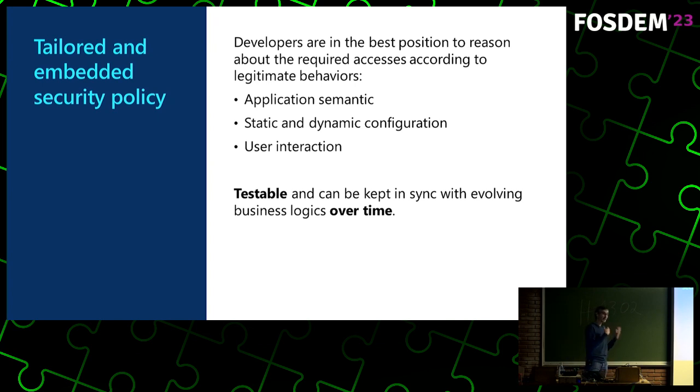You don't rely on, let's say, Linux being installed on your test machine and so on. And it adapts to the application over time. So if you have a well-configured CI, you can add new features, update the security policy, and make sure that everything works as expected.